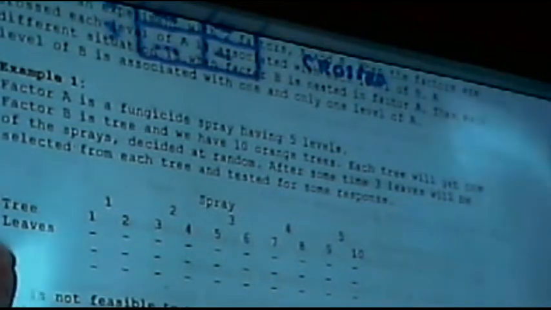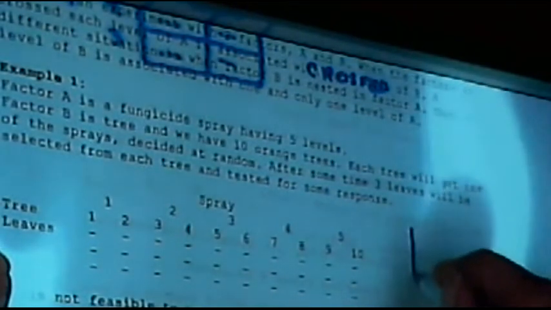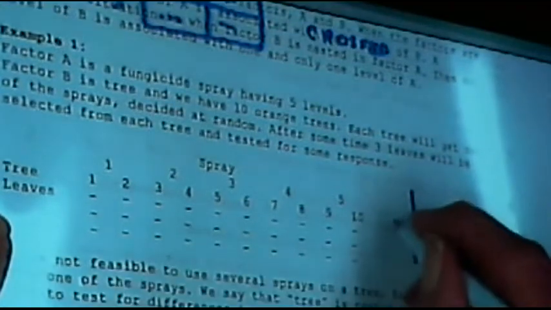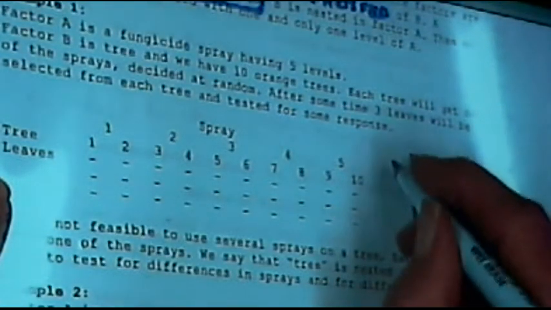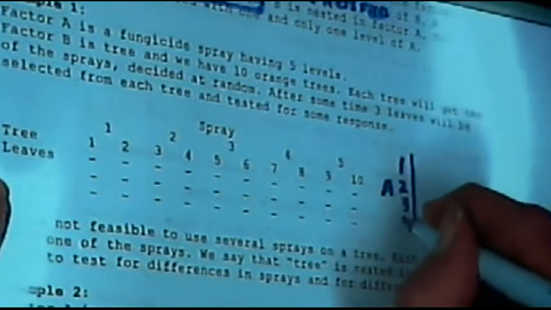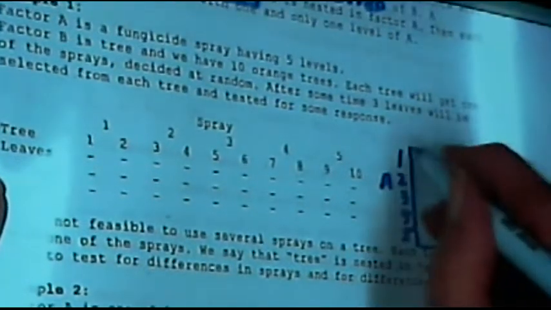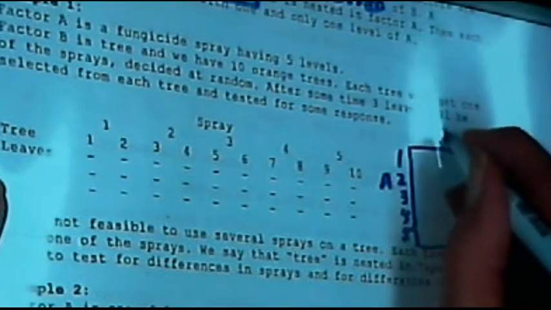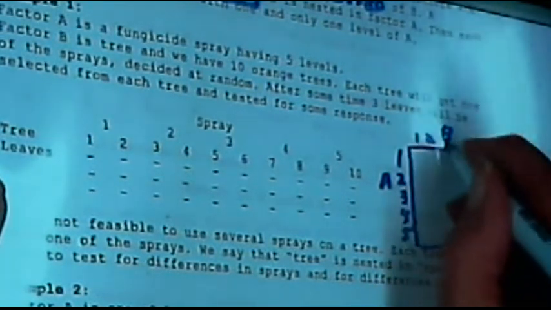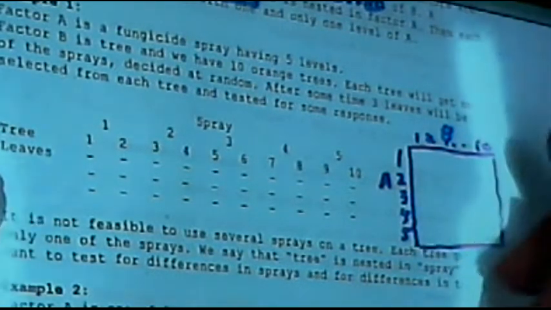So if I try to look at this situation as it stands there, I would be seeing factor A has 5 levels, like that. And in factor B, there are 10 trees. So like that. So I have this array which is 5 by 10, 50 cells in all in this array.